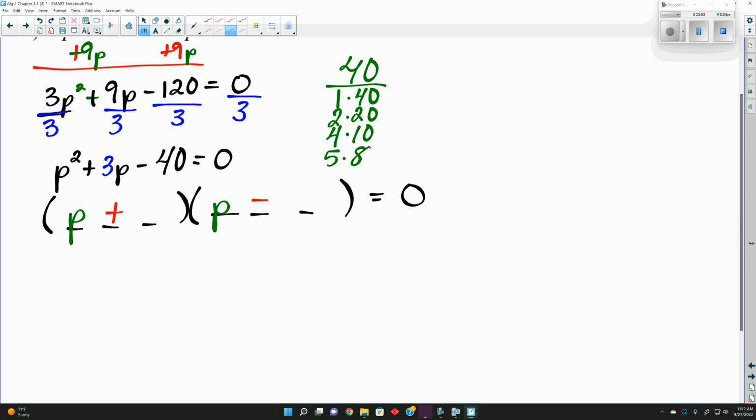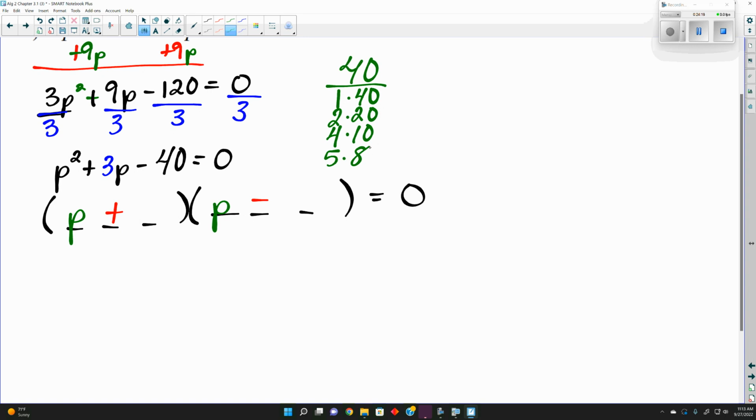Then I check 2, 2 and 20. 3 doesn't work. 4 and 10 does. 5 and 8. 6 is going to be with 6 point some number, yes? And when the two sides meet, essentially what we're multiplying on both sides meet, we're done. Because the only number after 6 is 7. 7 doesn't work. Next number after 7 is 8 and 5.